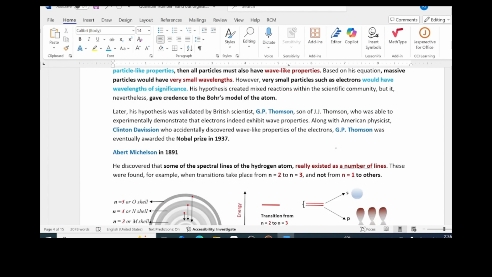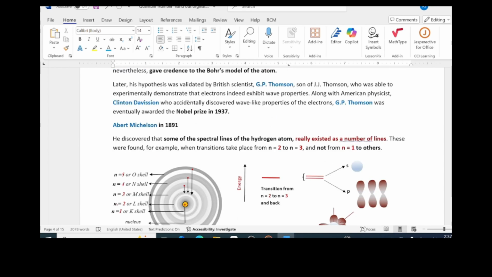Later, his hypothesis was validated by British scientist J.P. Thomson, son of J.J. Thomson, who was able to experimentally demonstrate that electrons indeed exhibit wave-like properties. Along with American physicist Clinton Davisson, who accidentally discovered wave-like properties of the electrons, J.P. Thomson was eventually awarded the Nobel Prize in 1937.